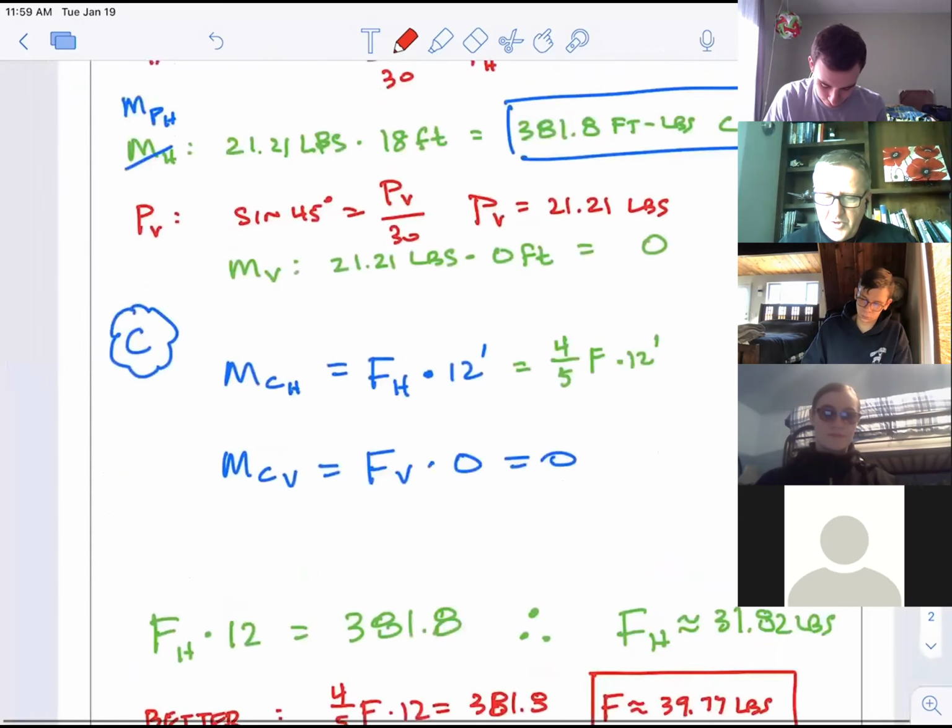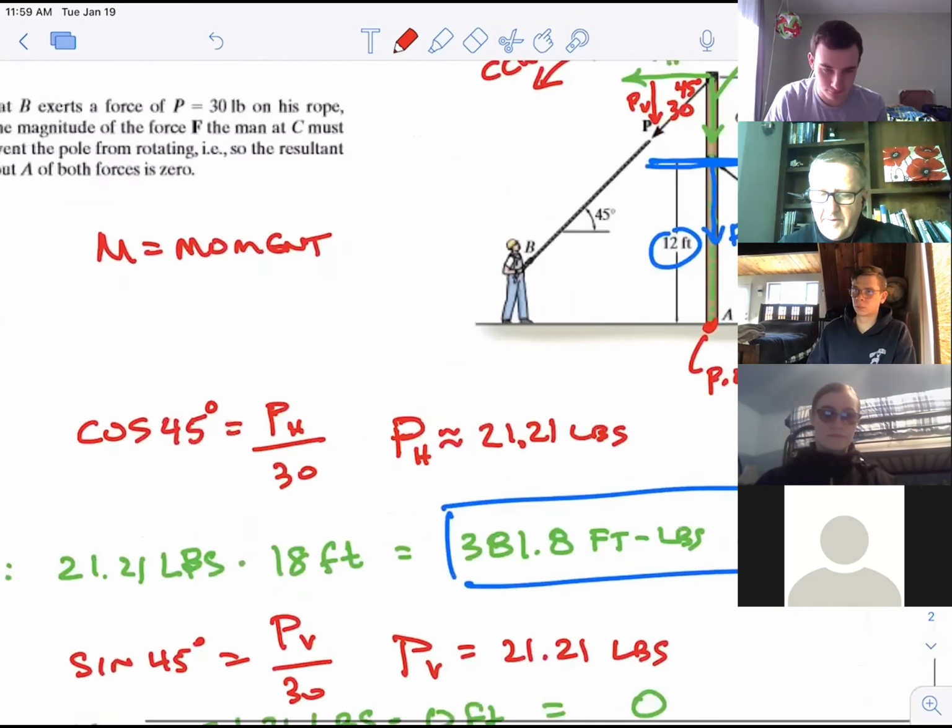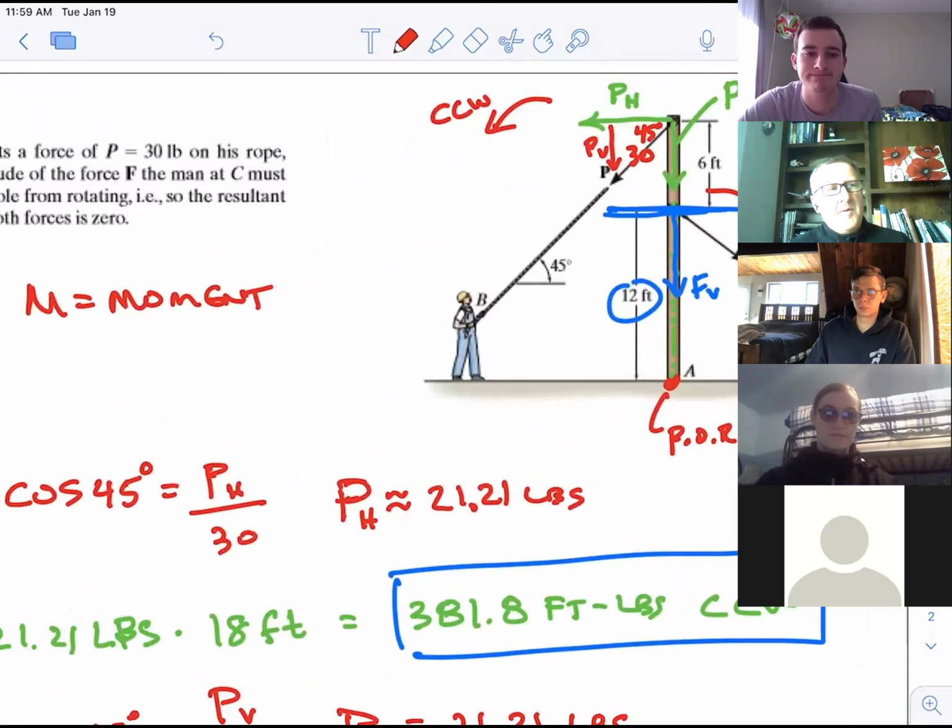So how come he has to pull so much harder? The other guy was pulling at 30. How come he's got to pull so much harder? Just at a glance, just the feel of the problem. Because his rope is attached lower. His lever arm distance is smaller.